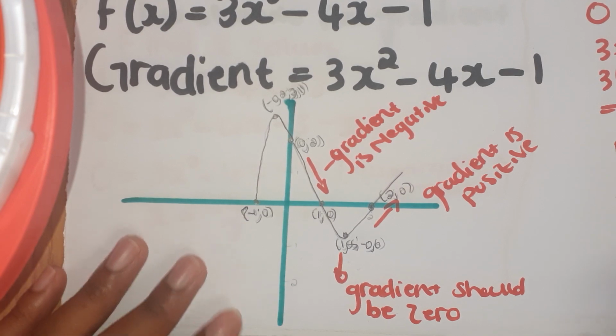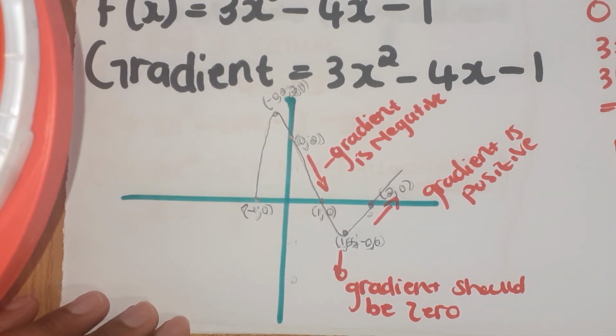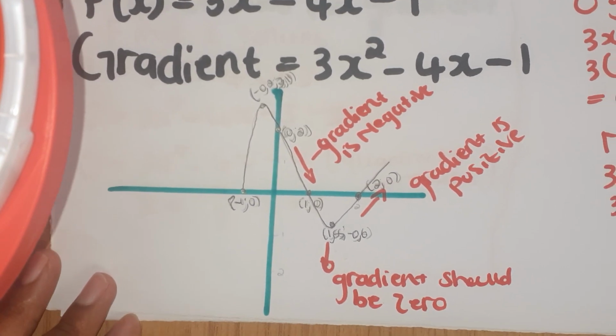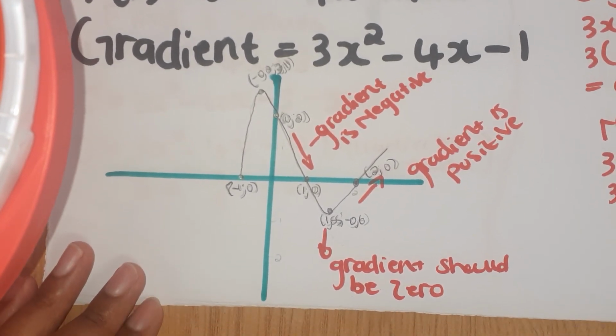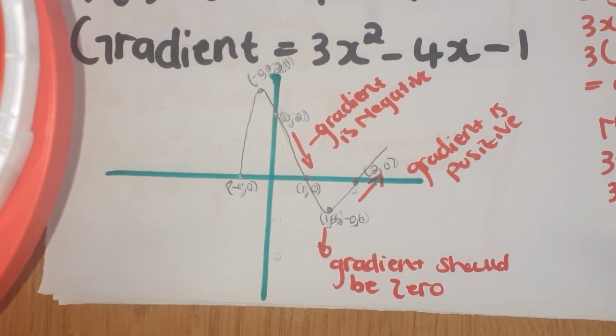Now, when they ask you a question, maybe let's say, where is your gradient negative and where is your gradient positive? And where is your gradient 0?